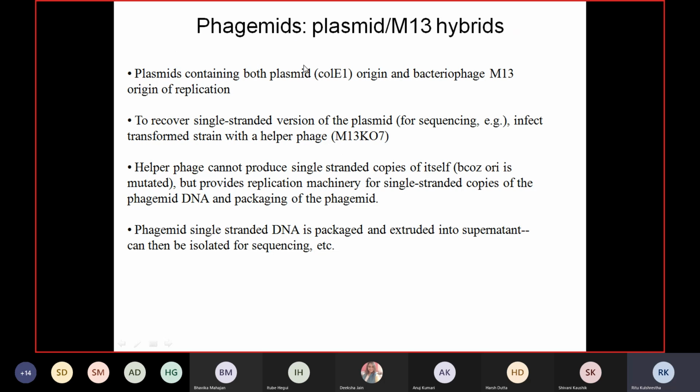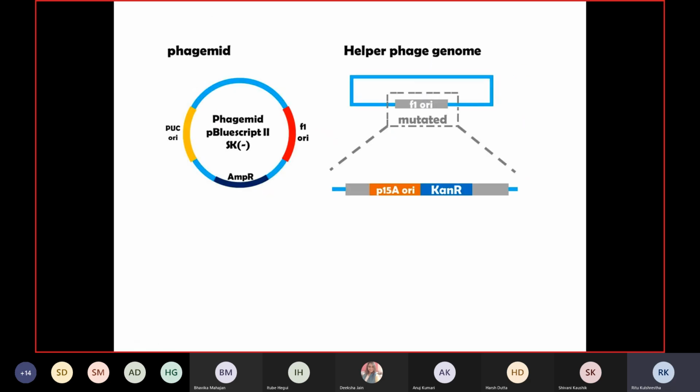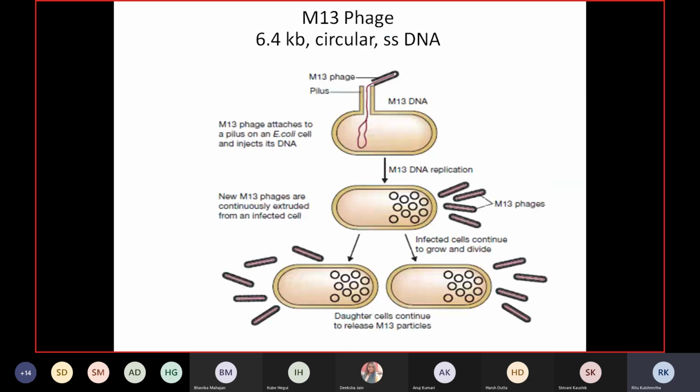Okay, so phagemids are cloning vectors which have the origin of replication of the plasmid, and they also have an origin of replication from the M13 phage. So why they were developed is due to the fact, let me come here.